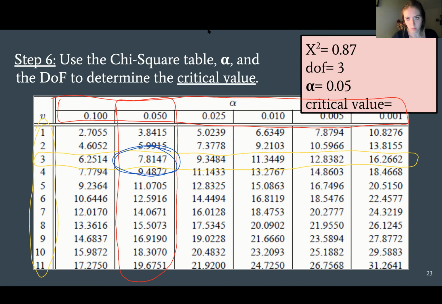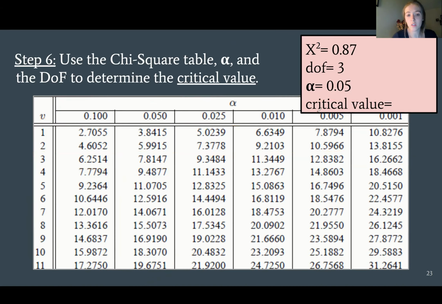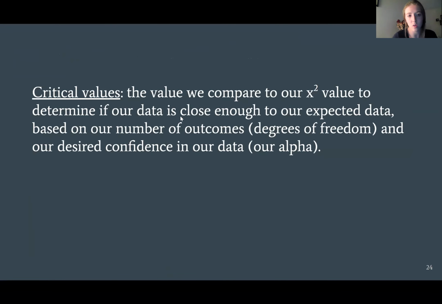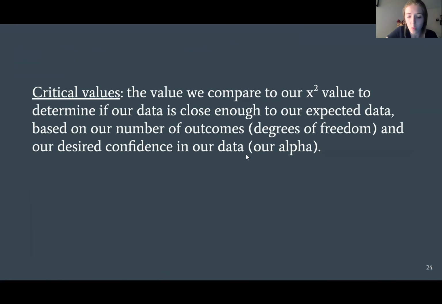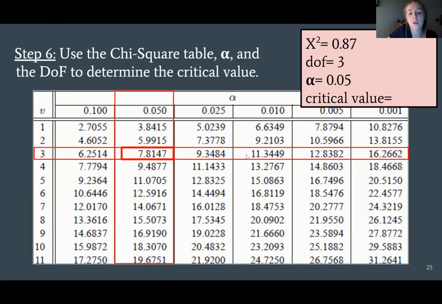Now, what do we do with all this information? We've calculated all of these things. What is the point? What do we do with all of this information? You're going to use the critical value that we just calculated, which you can come back to for the definition of critical value.